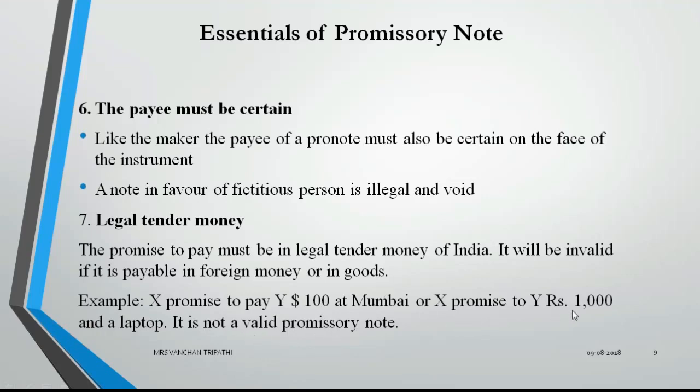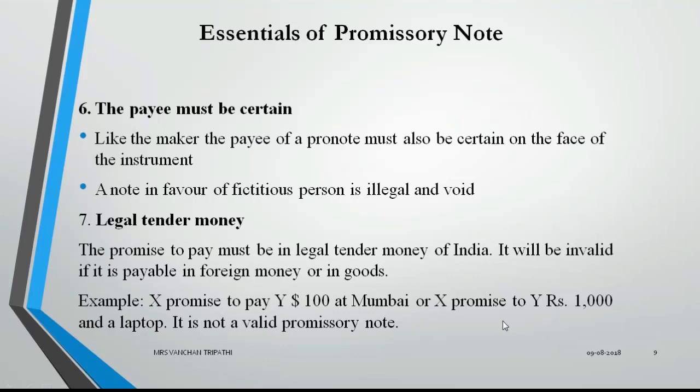Or X promises to pay Y rupees 1000 and a laptop. Because it is the condition that X is making a promise to pay Y rupees 1000 and a laptop too, this promise is also not considered a valid promissory note. If rupees 100 is written, we can say this is a valid promissory note.